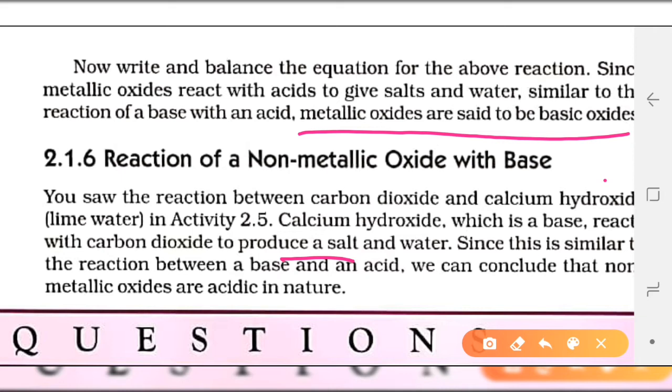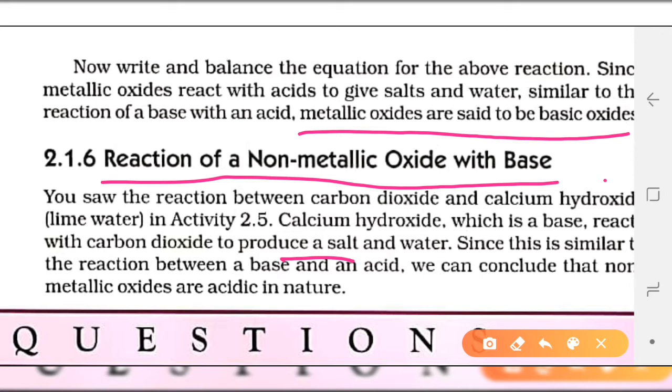Now the next point is the reaction of non-metallic oxide with the base. Now how does a metal react with the acid? In the same way, non-metals react with oxygen and they produce the non-metallic oxides. Now here, how does the reaction of non-metal oxide with the base take place?